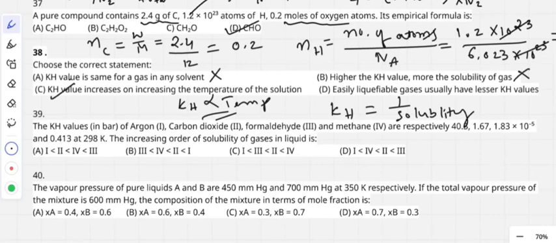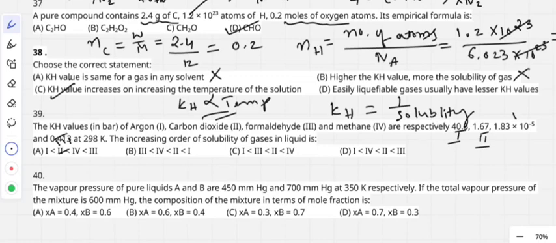Which one has the highest KH? This is the first one. Then 1.67 is the second one. Then 0.41 is third.